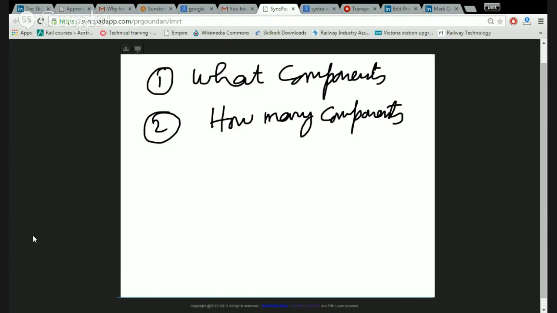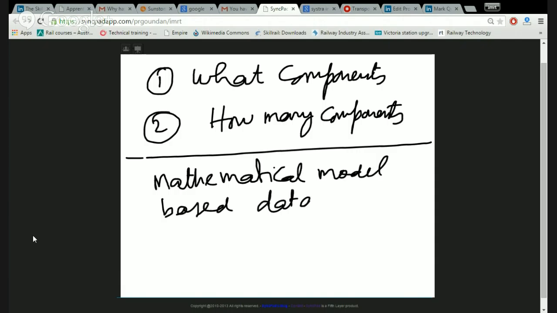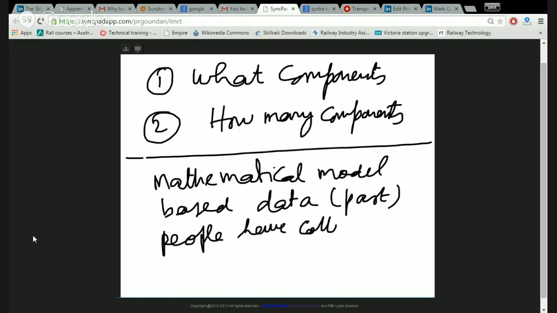So the process here is, we apply a certain mathematical model, based on the past data people have collected and documented.